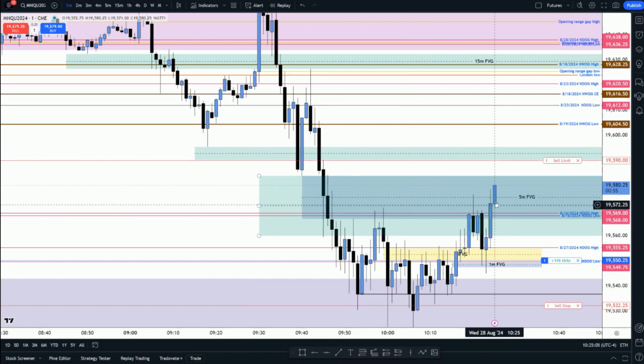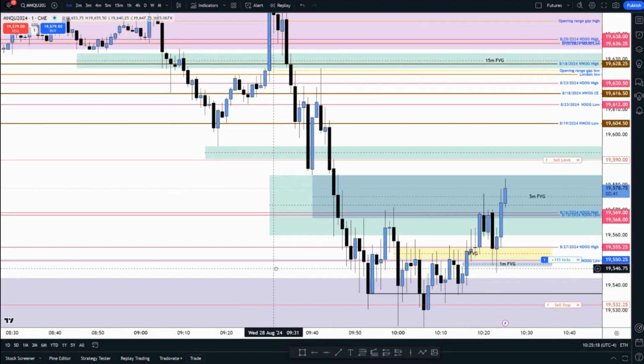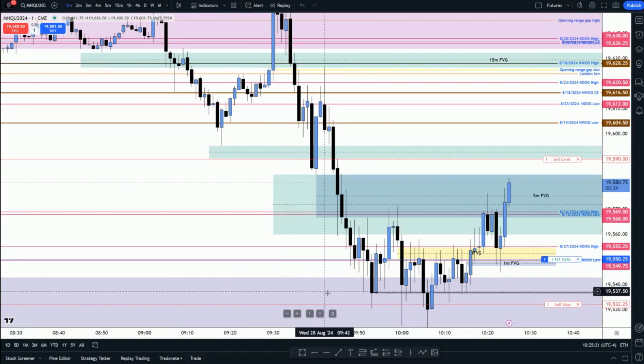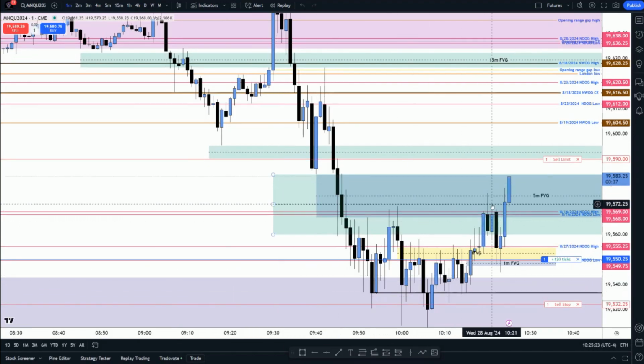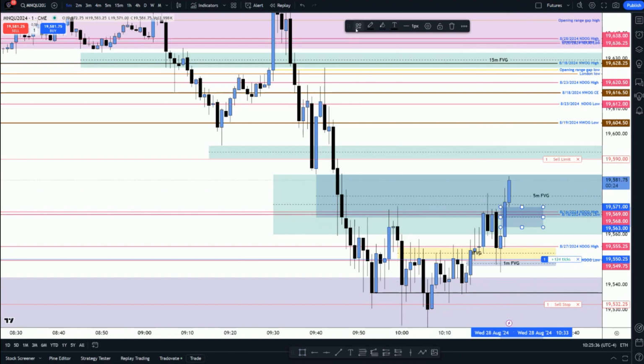I'd love to see this gap happen here. So remember, they could fill this and then bounce around a little bit. I want to see this gap form. I want to see that one.